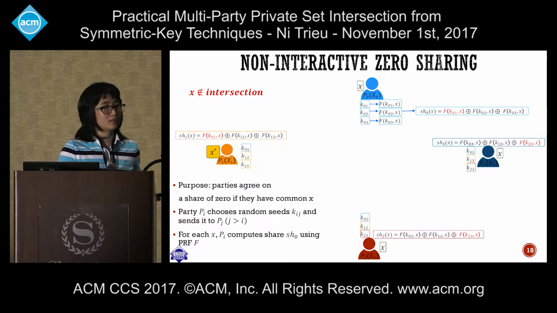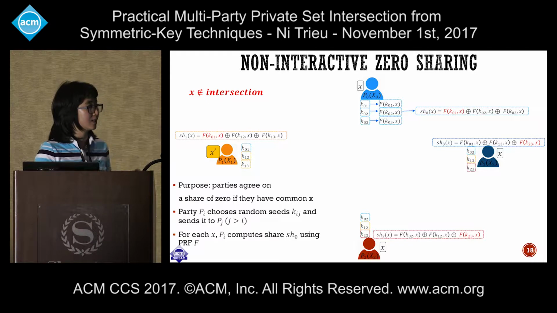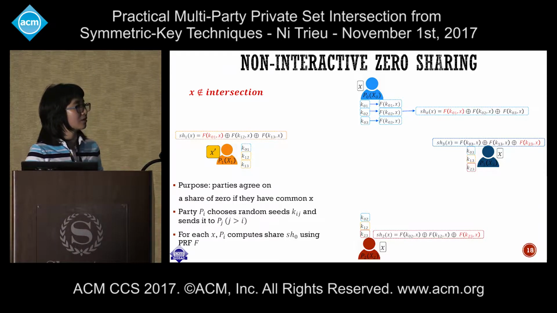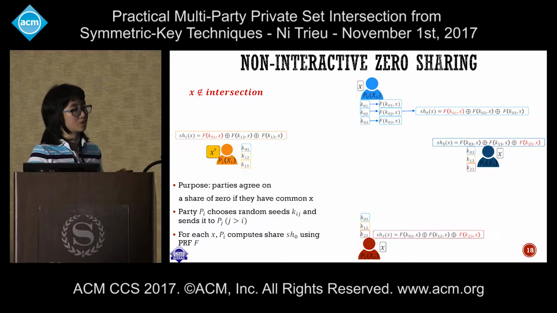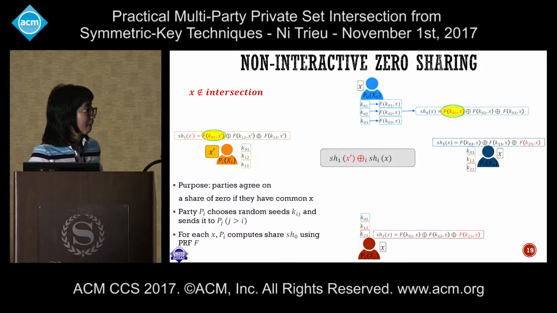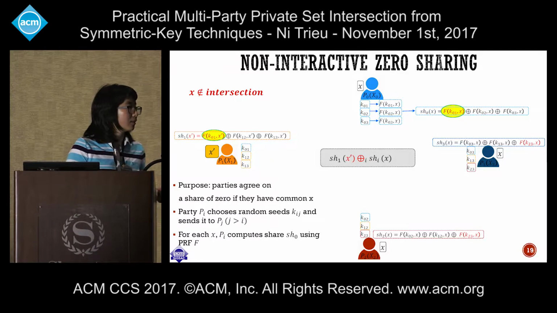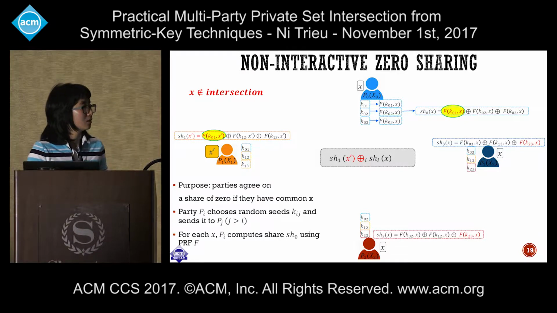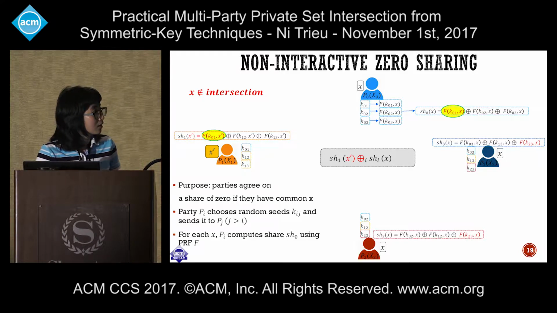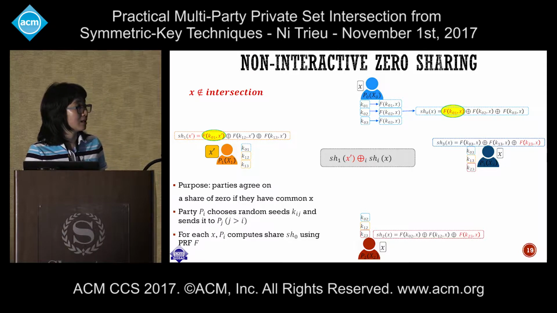And now if X is in the intersection, the party computes f of X under the keys and then XORs them to get the zero sharing. P1 does the same thing. Now looking at the XOR of the shares, you can see that f of x under the key 0,1 appears in P0 and in P1, so it will be cancelled out.